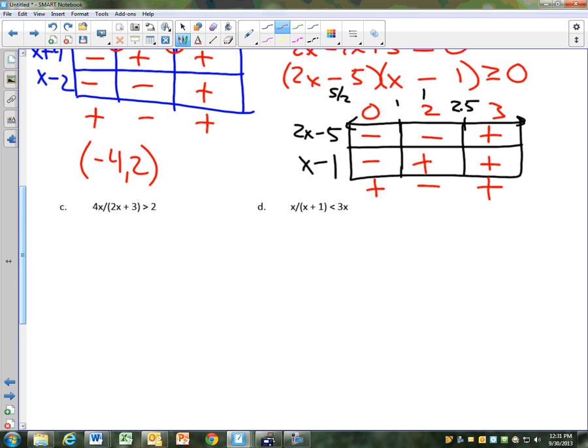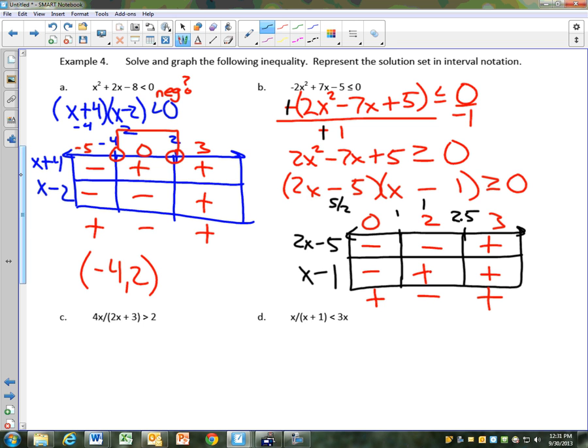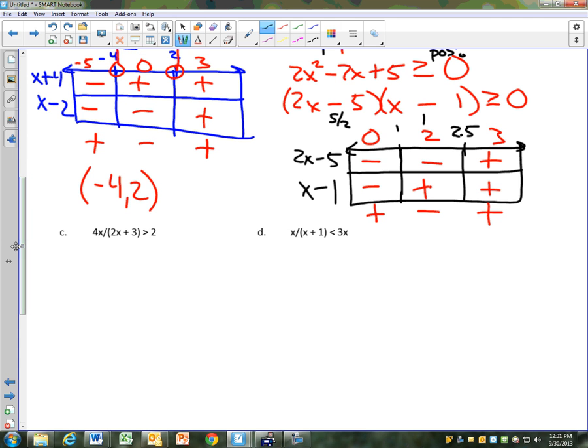Are we trying to answer where this thing is positive or where it's negative? Look at your original equation. It says where is it less than or equal to 0, but when you divided off the negative, you changed it. So you need to go with the one you changed it to. The question is, where is it positive? Because it's greater than or equal to 0. So we're looking at the positive solutions.